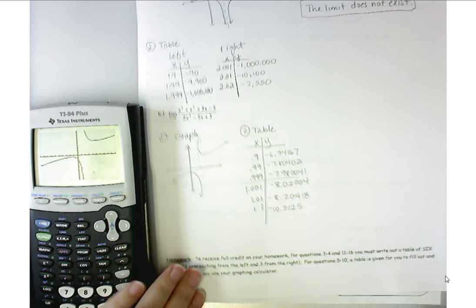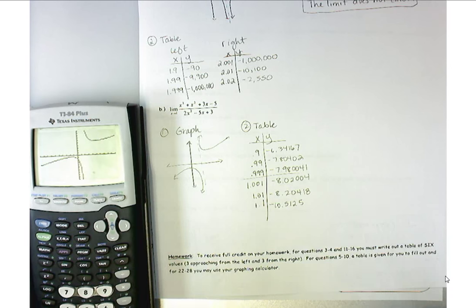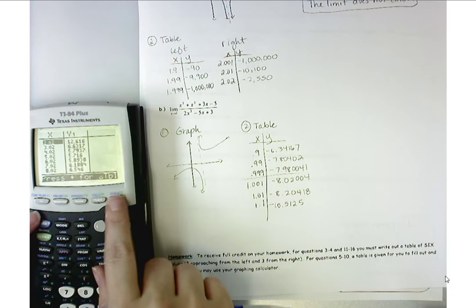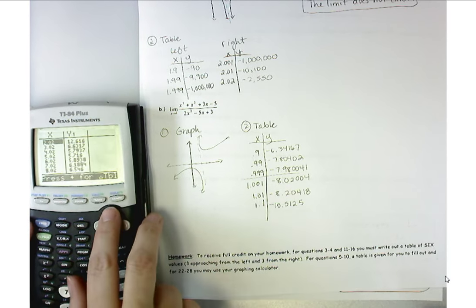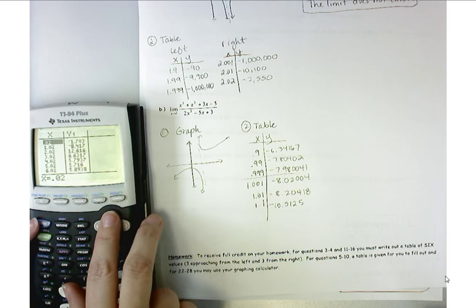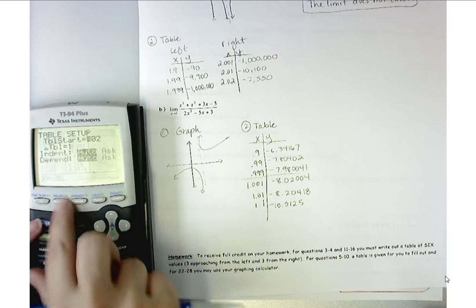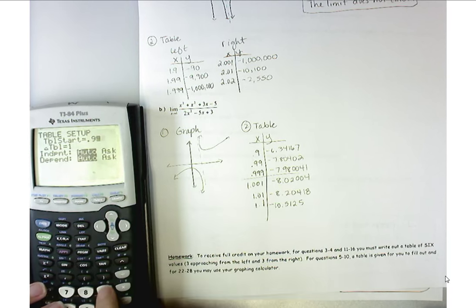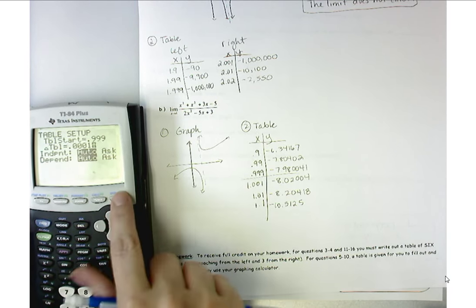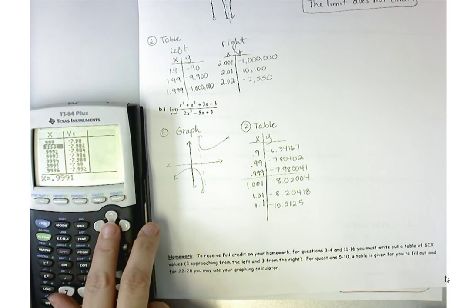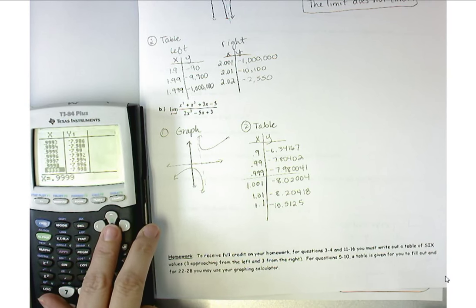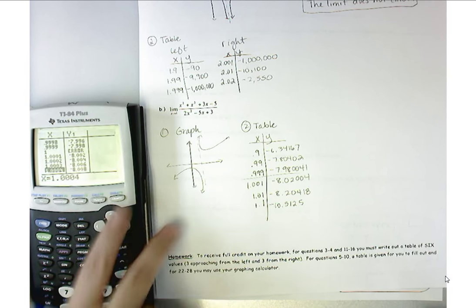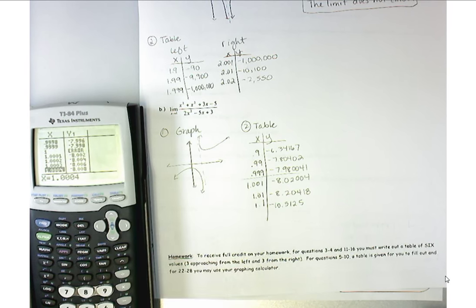Right, now these, if you look at these, and it's also helpful to look at your table and kind of see what's happening at those values. So when you're at like 0.999 and you're going up by like 0.001, you can see that it looks like you're getting closer and closer to what value? What does it approach?